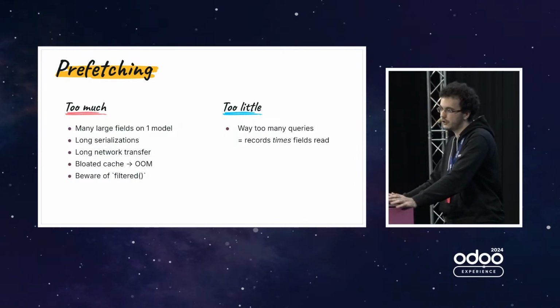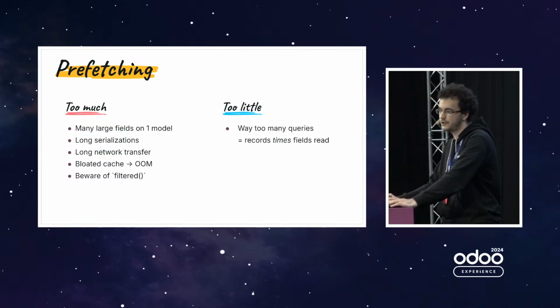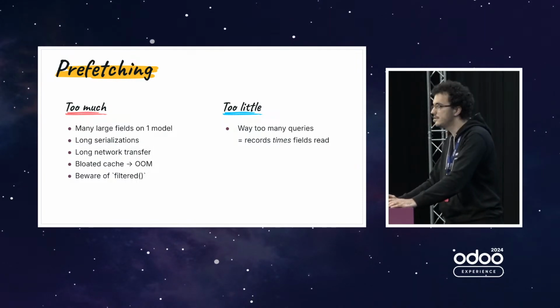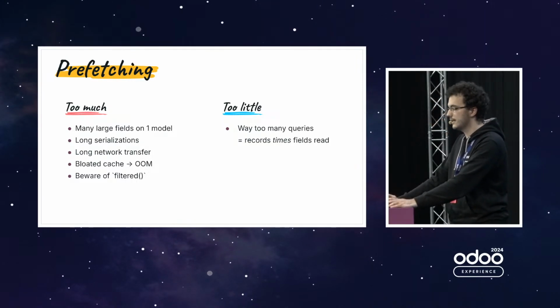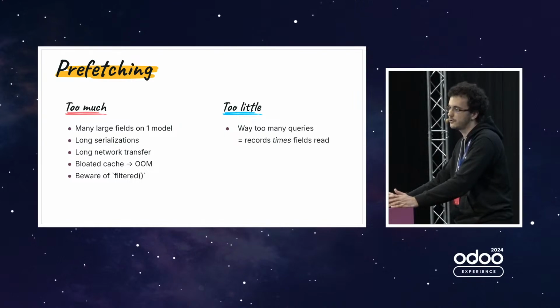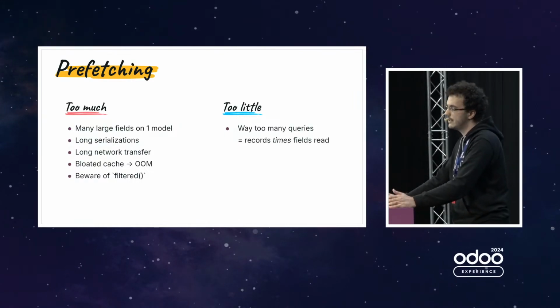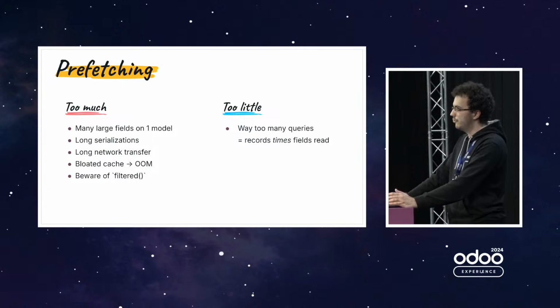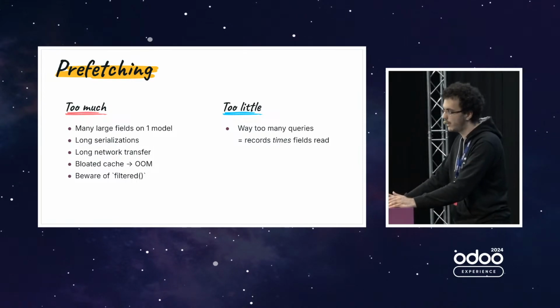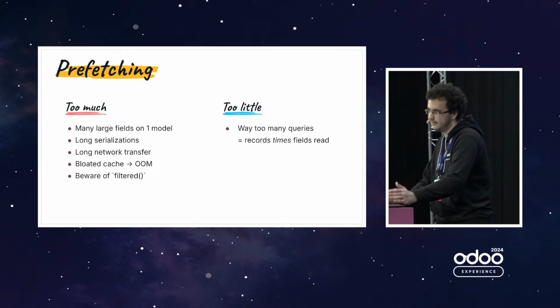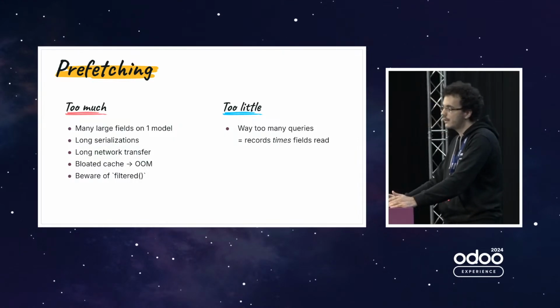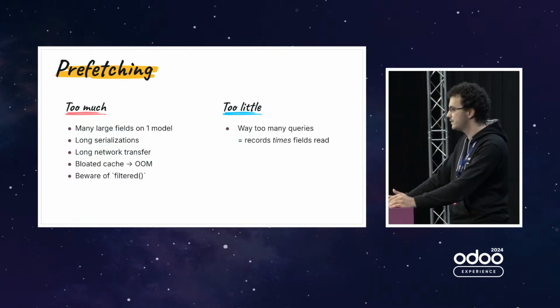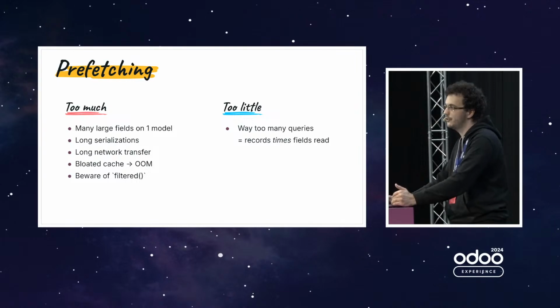There's also another prefetcher, which is called the row prefetcher. The idea is that you have a record set and you're iterating over the records because you want to do something with them. If you're going to read the name of some record that's part of a record set, there's a high probability you're iterating over it and you're going to read the next name on the next record.